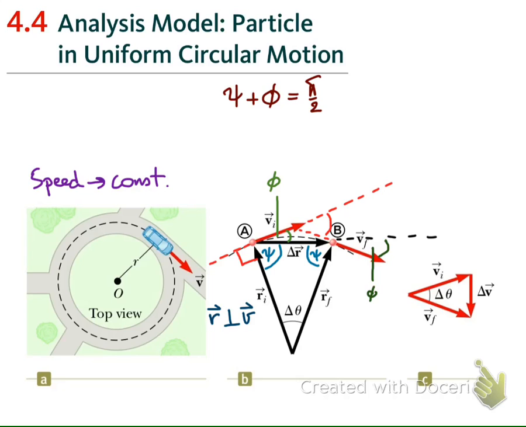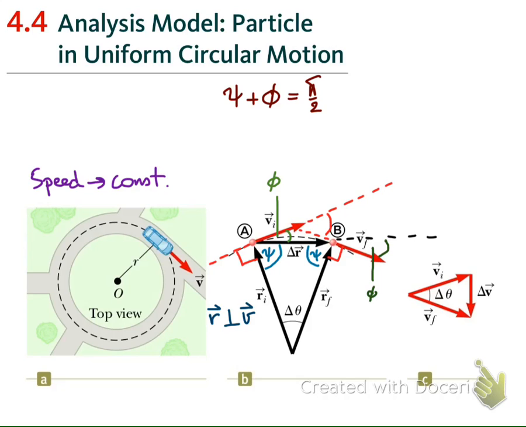It is because the angle between the position vector and the velocity vector is pi over 2. So if we add this psi with pi over 2 and with this angle, it must equal to pi.